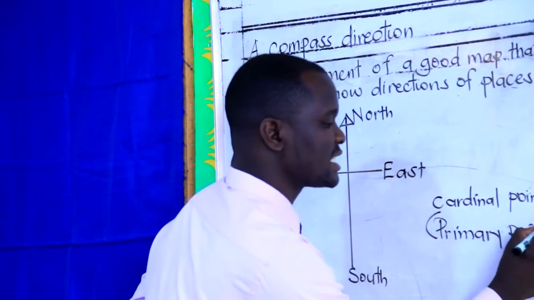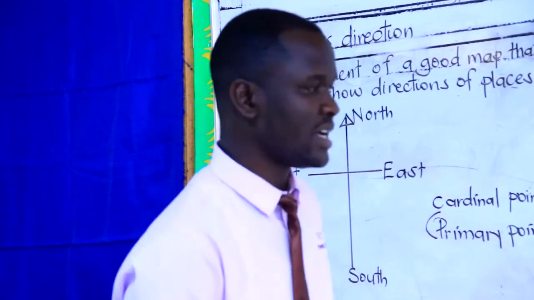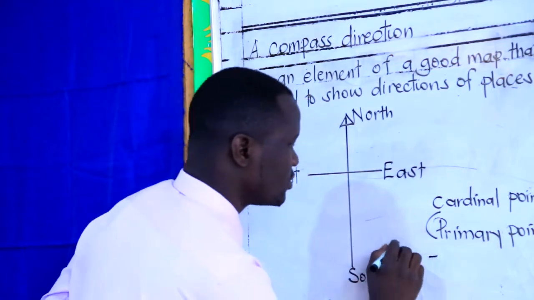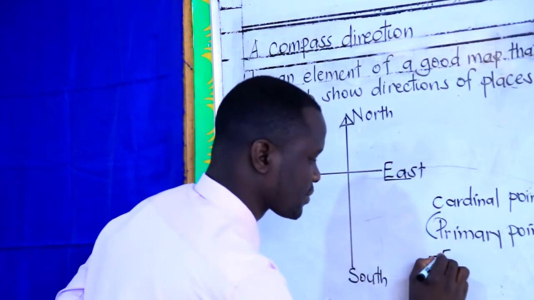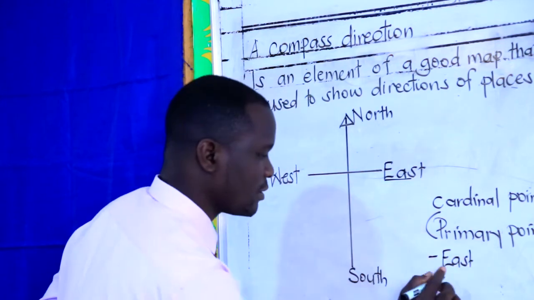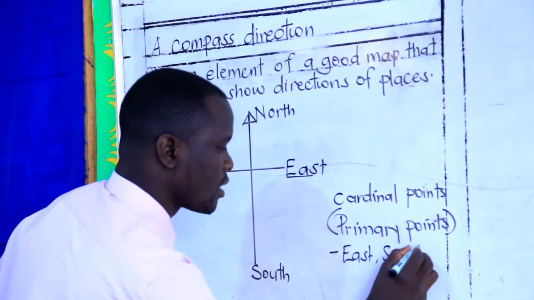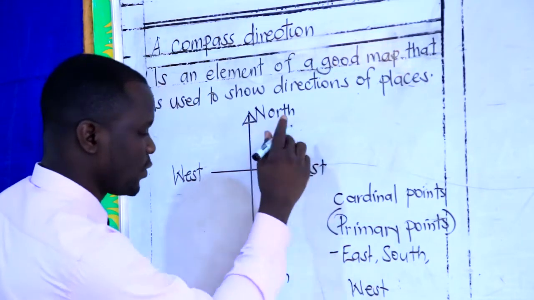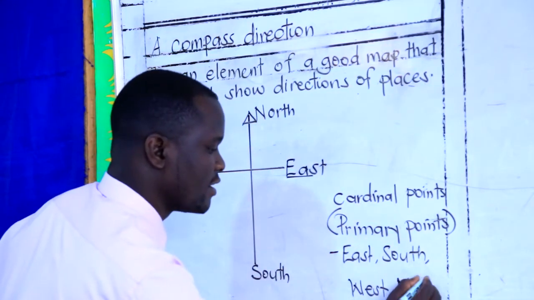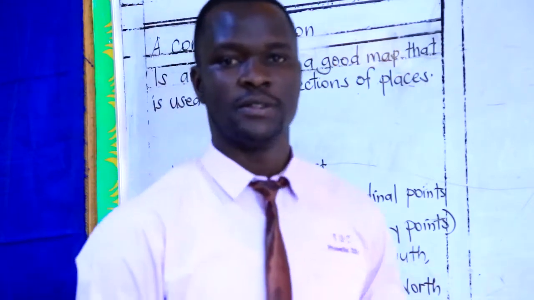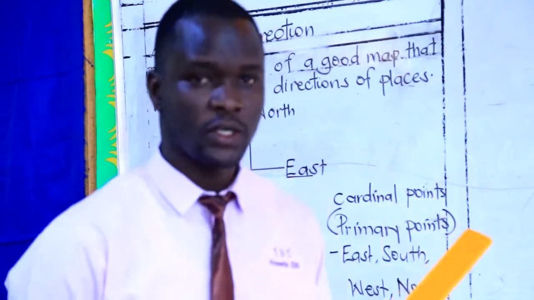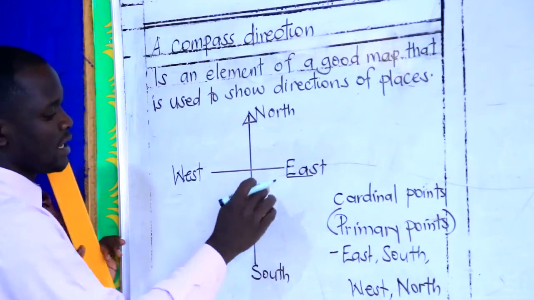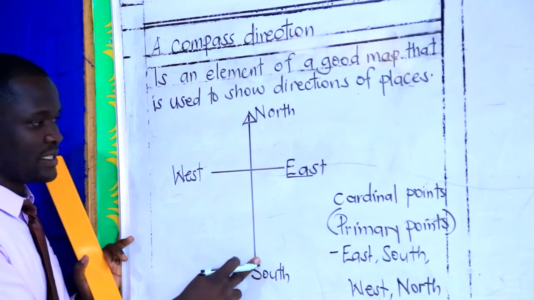So if someone asks you to write down the 4 primary points of the compass, you will say east, south, west, and lastly north. These are the cardinal points of a compass.